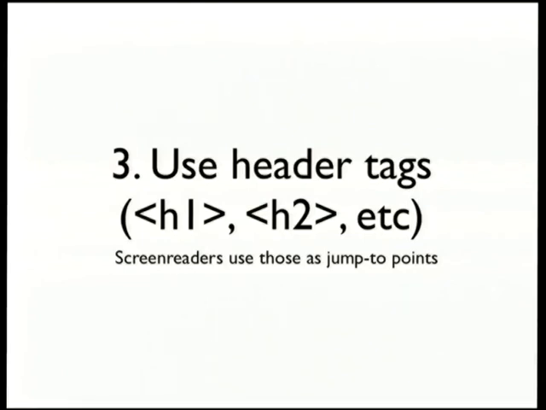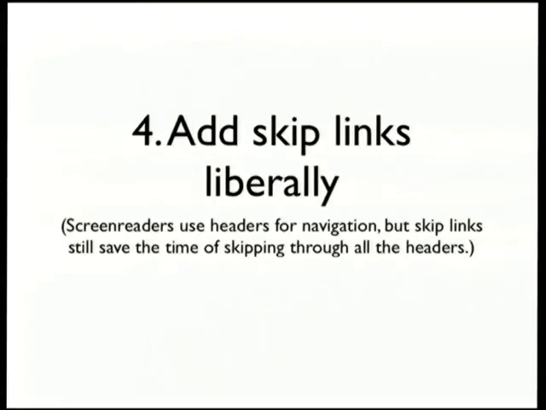It will mean that if the screen reader user has content that they don't want to hear, they can jump ahead. And speaking of skip links, use them. If your source has a bunch of repeated information at the top that never changes from page to page, and then you have the useful content, go ahead and put the skip link at the top to bring you down to the useful content with an anchor link.